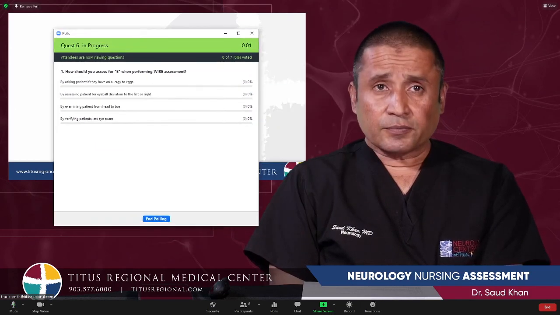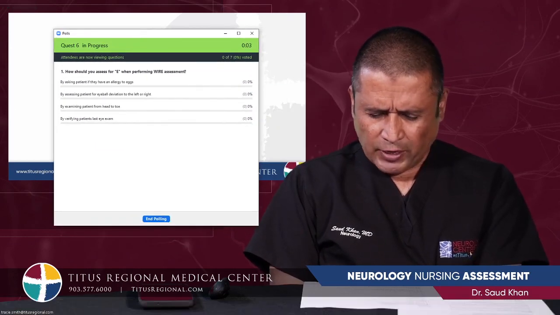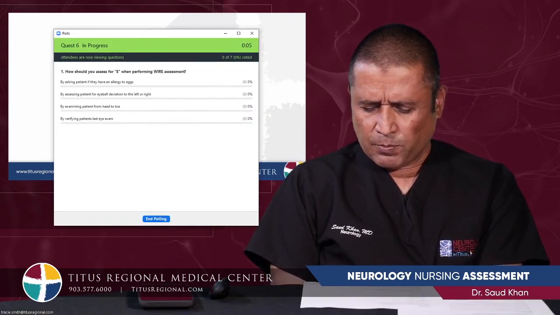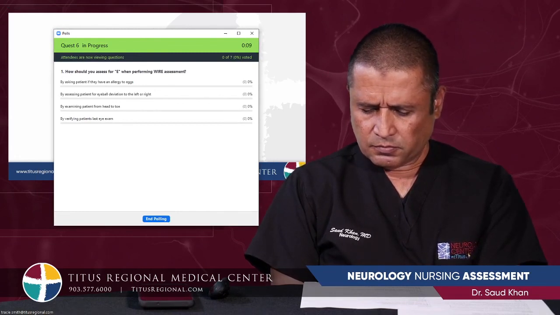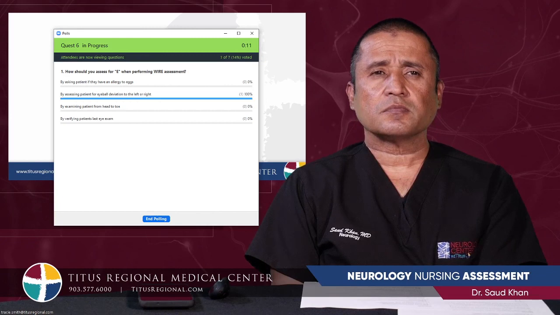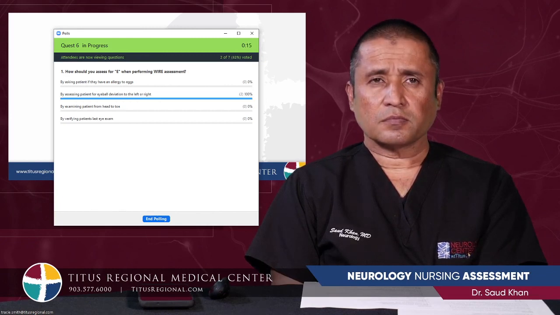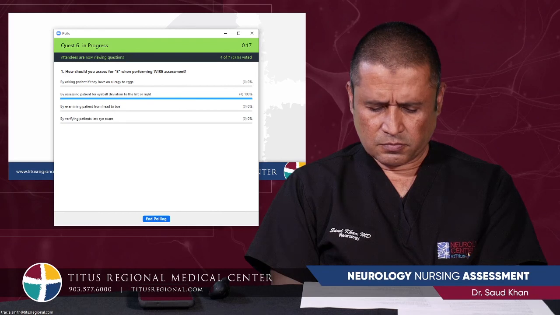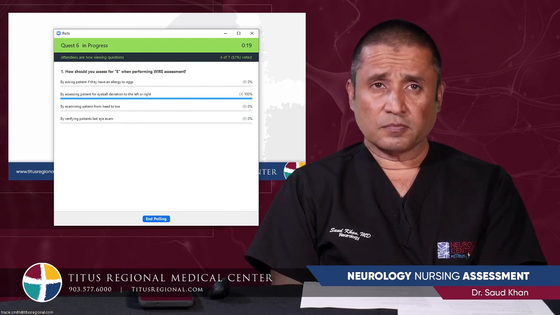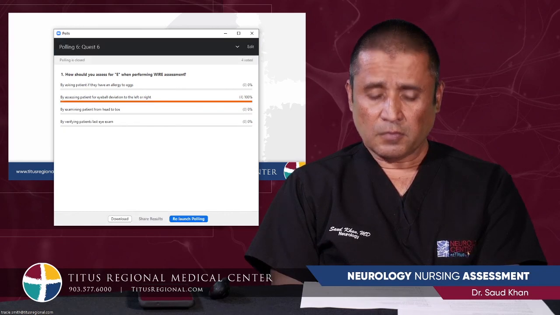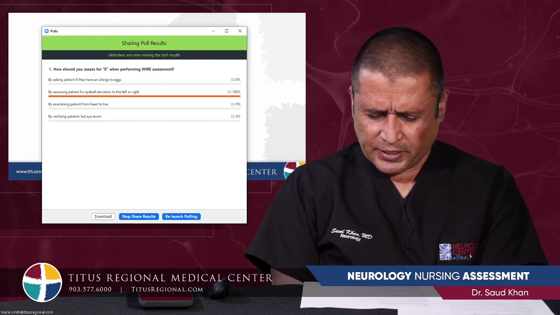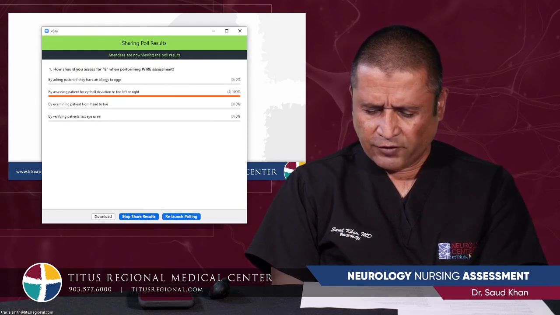Question number 6. How should you assess for E when performing the WAVE assessment? Answer is B, by assessing the patient for eyeball deviation to the left or right.